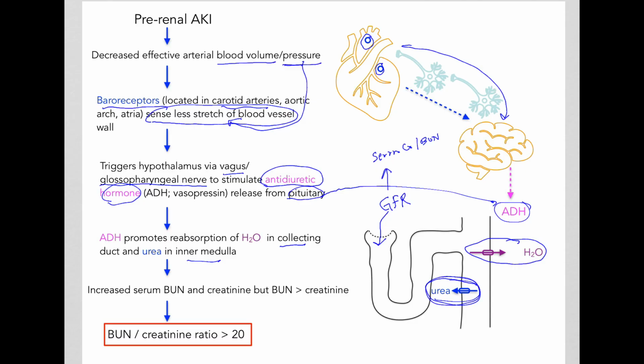So now, because of urea reabsorption, the serum BUN will be higher than the serum creatinine, and that will give us a BUN creatinine ratio greater than 20.